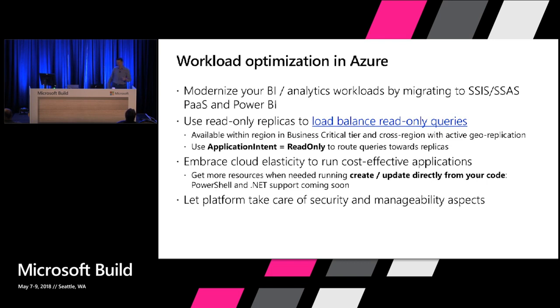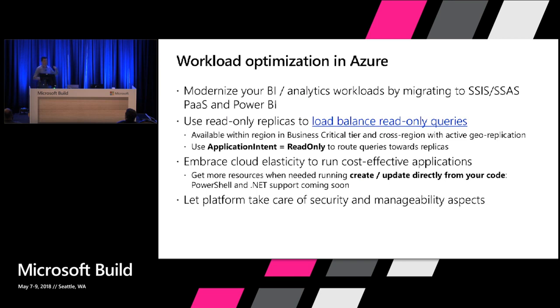One of the interesting ones is that you can offload your read-only queries to read-only replicas. As I mentioned, one of the service tiers in managed instance has multiple replicas, and one of these is available for your read-only workload.